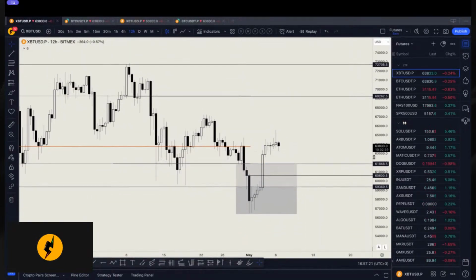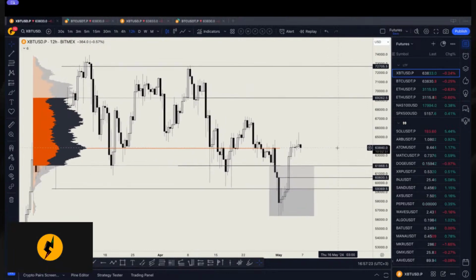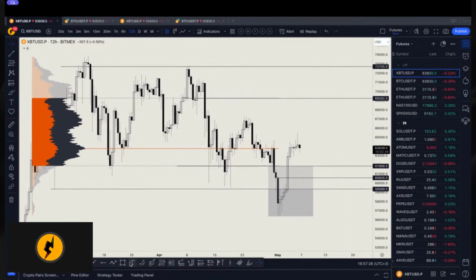But it's always good, right? Because you can buy more. When we're talking about the 12 hour time frame or daily time frame, it's always good to keep a little bit of your capital aside to buy more in events like this.